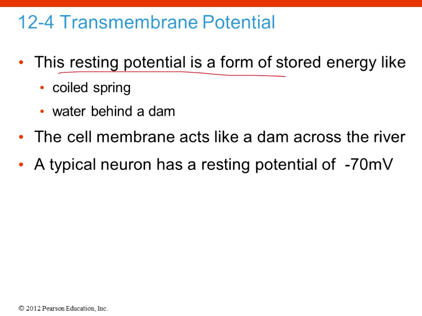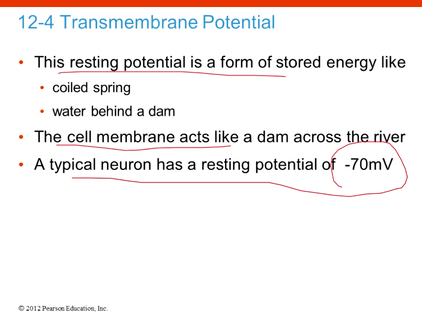And so the resting potential is sort of like a coiled spring or water behind a dam, and the cell membrane is acting like that, blocking that dam across the river, or across that water body. If you have an opening anywhere, the ions can move across. And so typically what we're going to see is a resting potential of negative 70 millivolts.